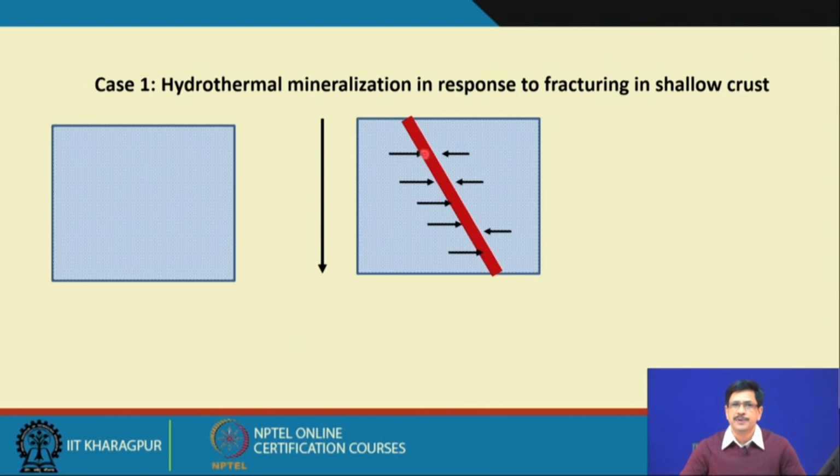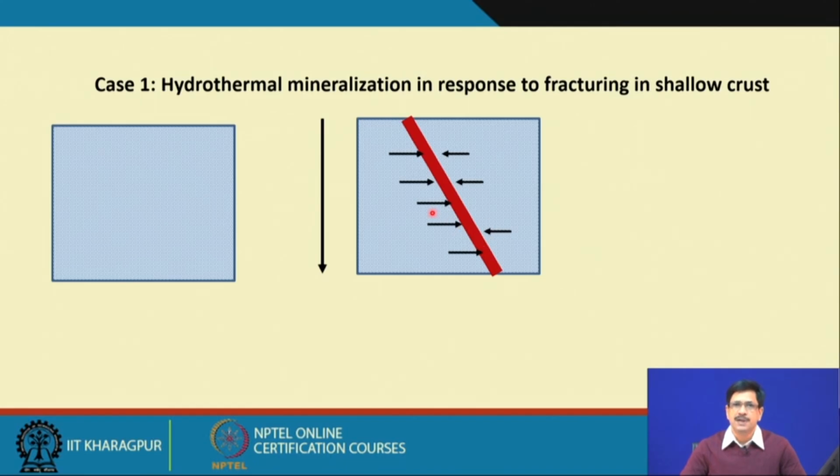If the fracture is open to the surface and the fluid is occupying the fracture space, then the pressure anywhere within the fracture will be the hydrostatic pressure, which will be at least roughly about 1 by 2.5 of the lithostatic pressure at any point here. So this will create a pressure gradient, and the fluid will converge into the fracture zone.